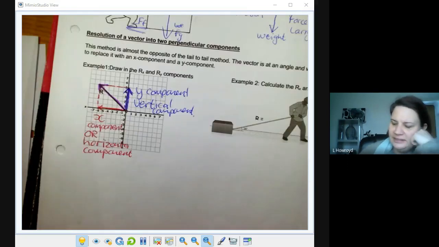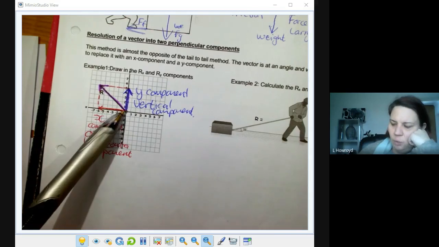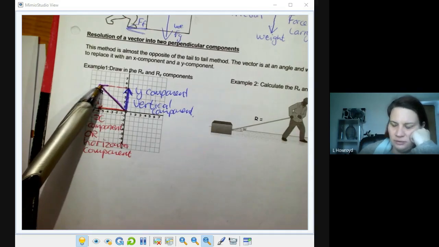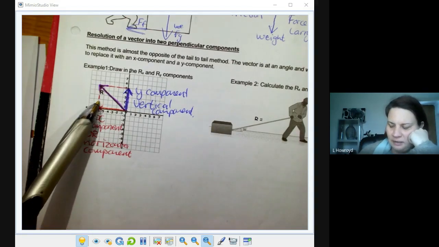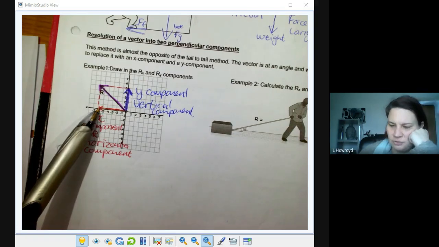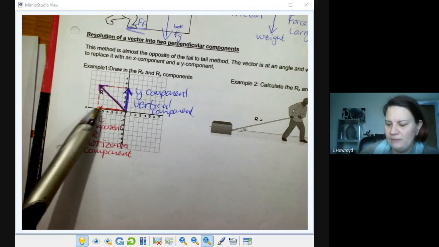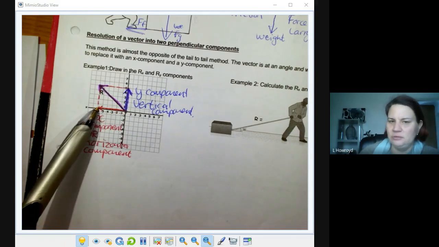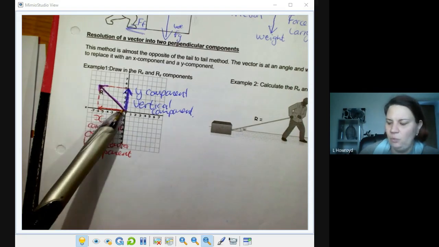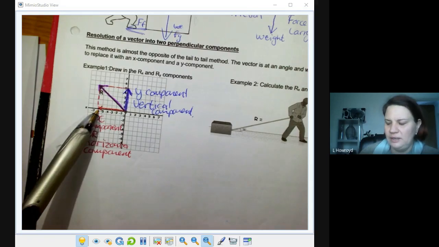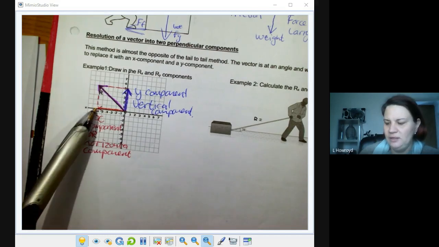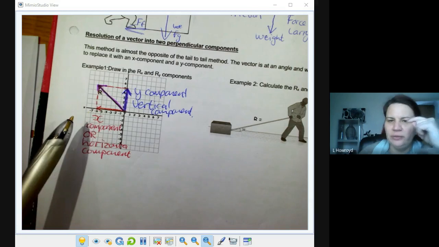Let's say I walked in that direction and then I walked down and I stopped. What is the resultant? So now this y value here is actually the resultant, because I walked up there and I walked down there and then I stopped. So the single vector that replaces the walk up there and the walk down there is that walk over there. So it does depend on the question.